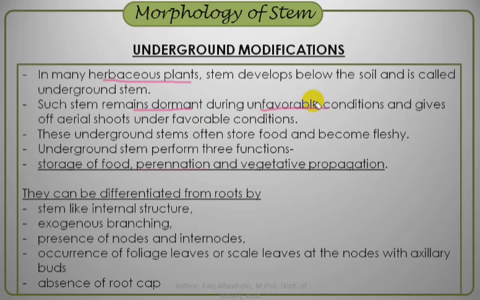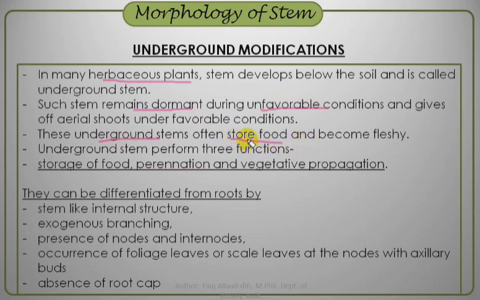The question arises, what are those unfavorable conditions? An unfavorable condition is a condition that does not allow a plant to grow or reproduce properly, such as high temperature or moisture and so on. The major function of these underground stems is what? To store food.